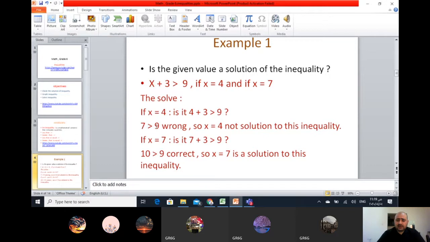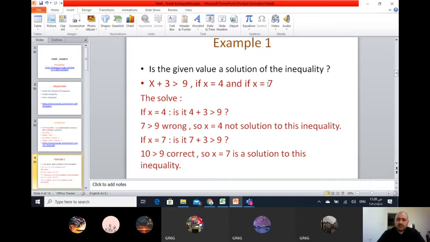Is 7 greater than 9? Logically, this statement is wrong. 7 is not greater than 9; 7 is less than 9. So that means this value makes the inequality wrong. That means x equals 4 is not a solution to this inequality.